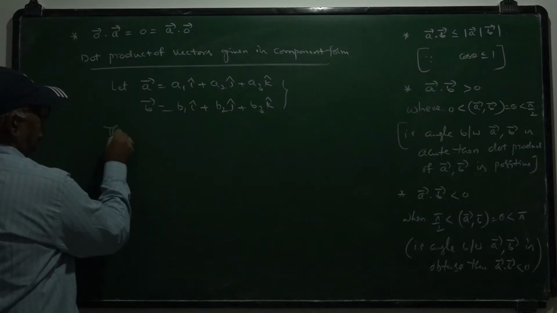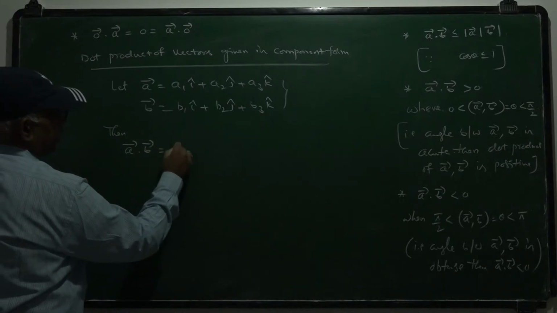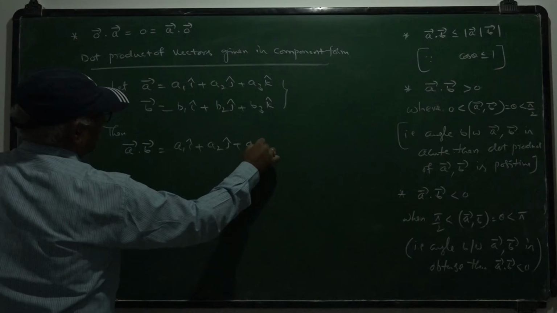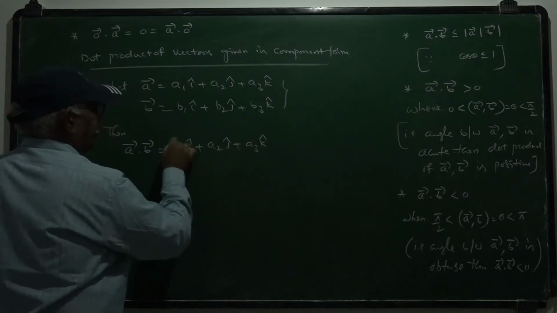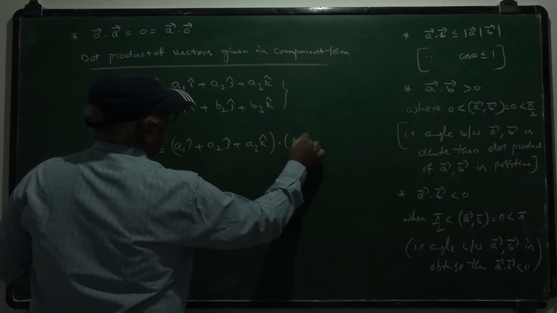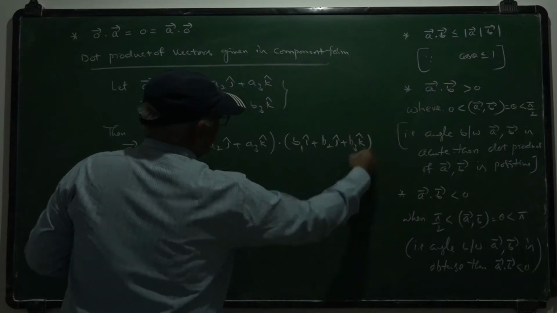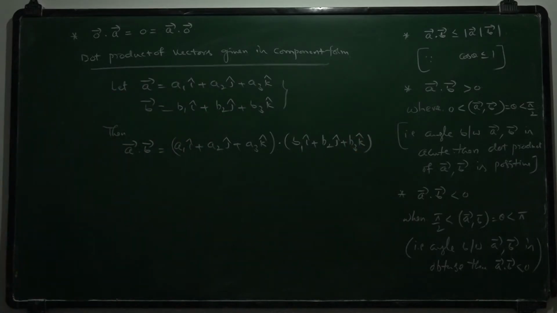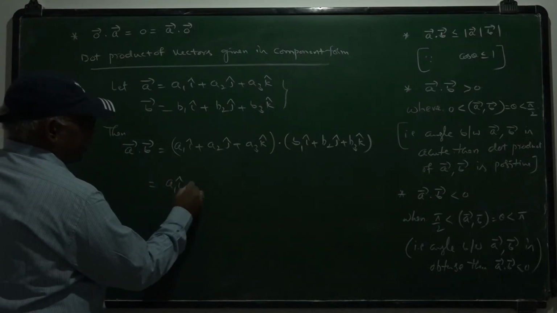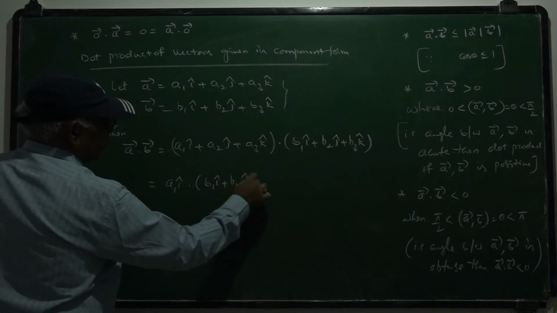Then their dot product, A bar dot B bar, is A1 i plus A2 j plus A3 k dot B1 i plus B2 j plus B3 k. Since the dot product is distributive, you can write it as A1 i dot the other vector, B1 i plus B2 j plus B3 k.